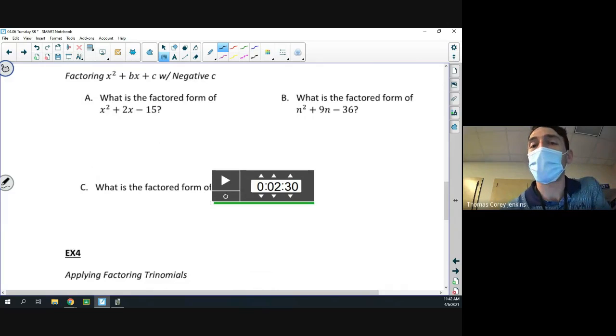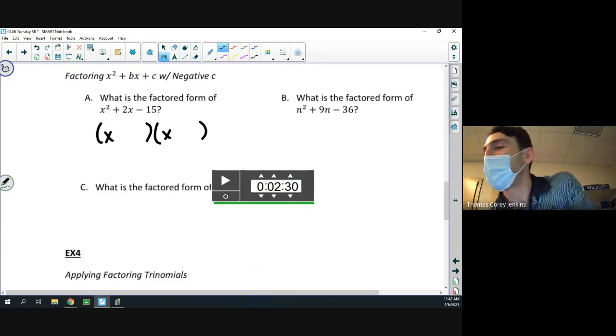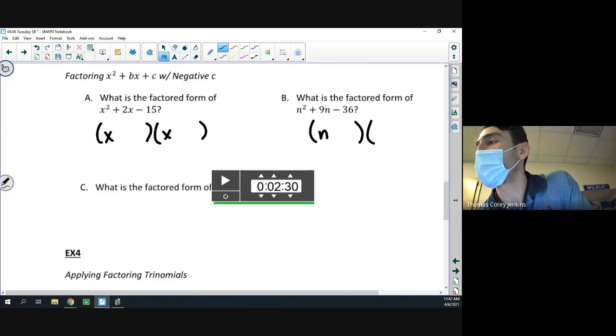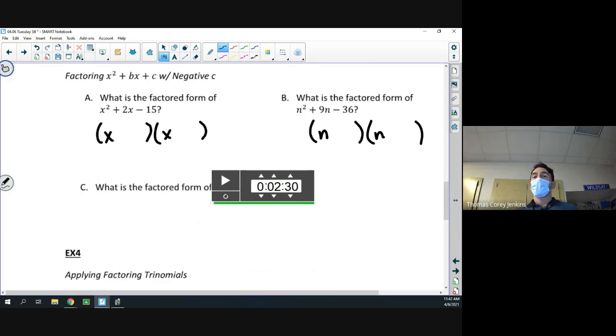We still know the easy part. A is going to be answered in the form x plus or minus something times x plus or minus something else. And B is going to be answered in the form n plus or minus something times n plus or minus something. And so we go from there, right? So on these, I think I probably will go ahead and write out all my ways to multiply to 15.